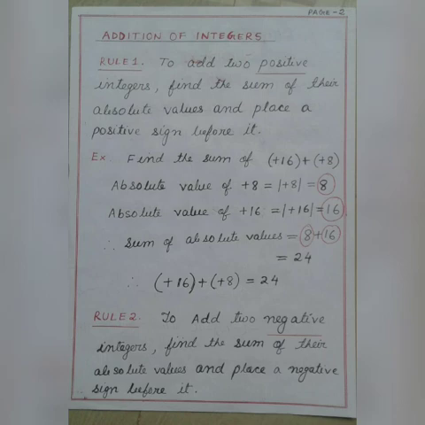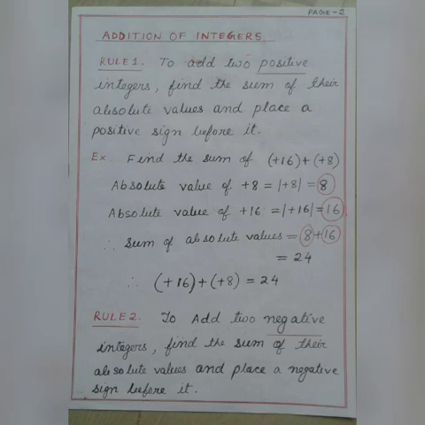Now let us check it with an example. Find the sum of plus 16 plus 8. That means 16 and 8 are 2 integers with positive value. So how to find the sum of these 2 integers? First, we have to find the absolute values of the given integers. The integers are 8 and 16. So absolute value of 8 is 8 within the bar, which is equal to 8.